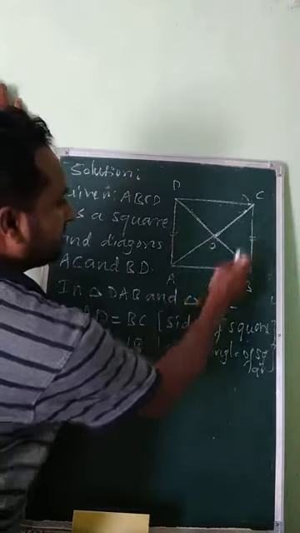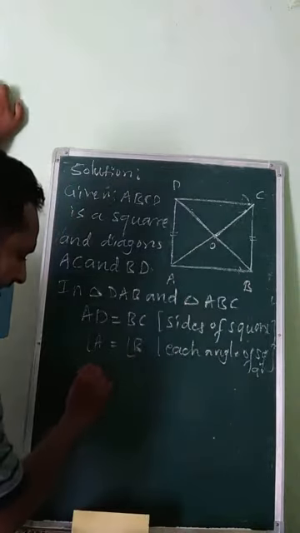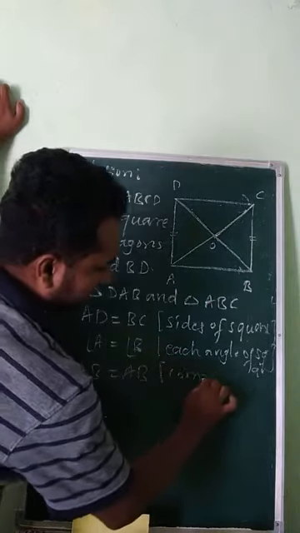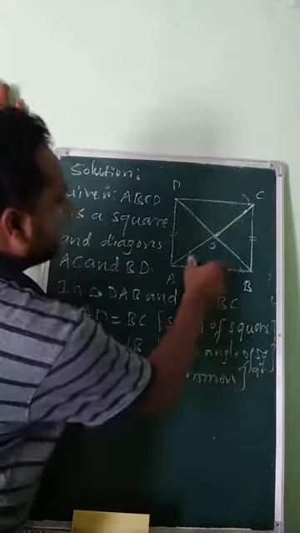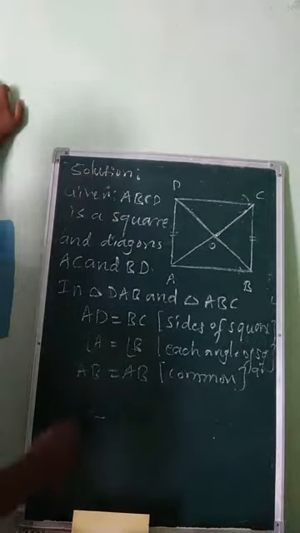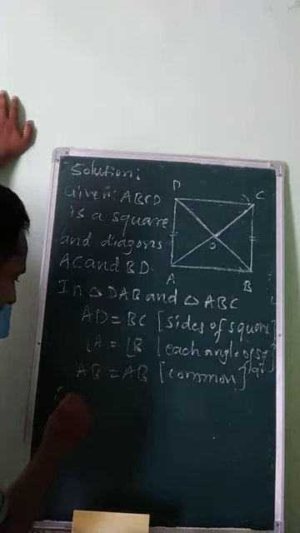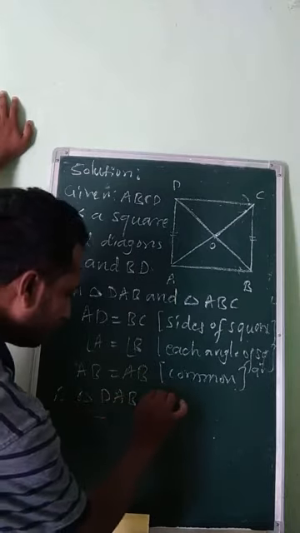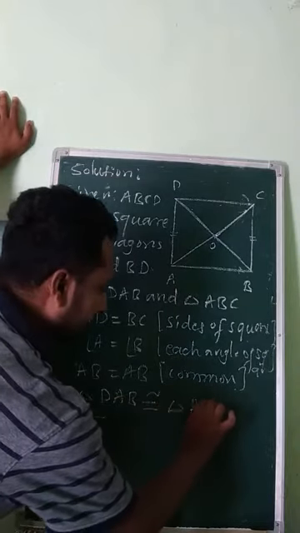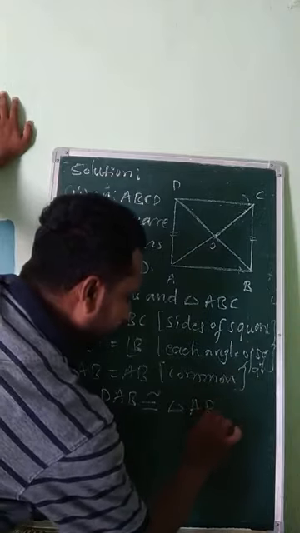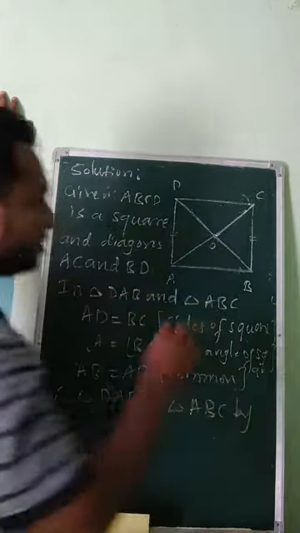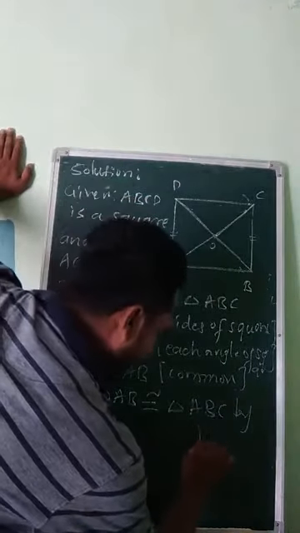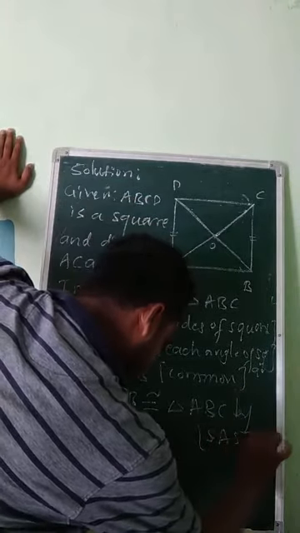Why? Because AB is the common side of both triangles. Therefore triangle DAB is congruent to triangle ABC by which rule? By side, angle, side.